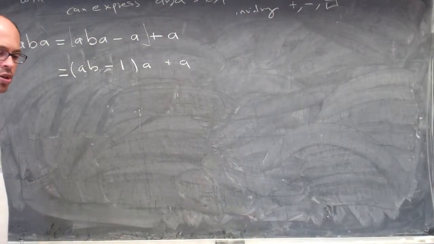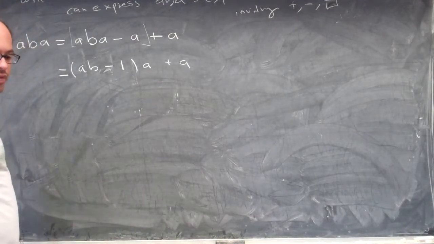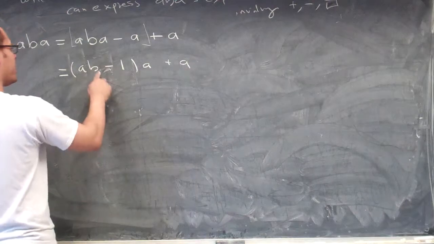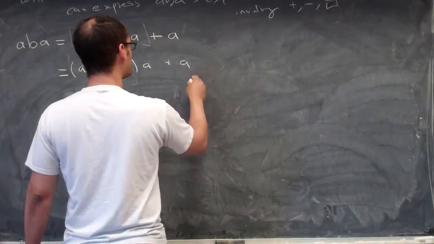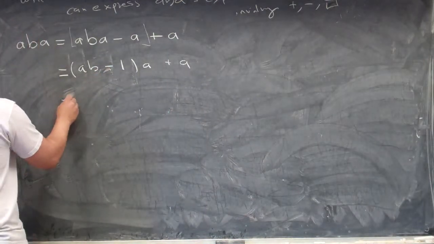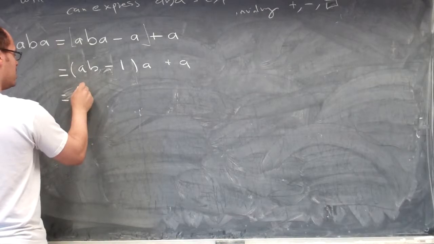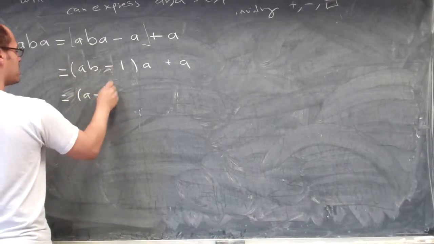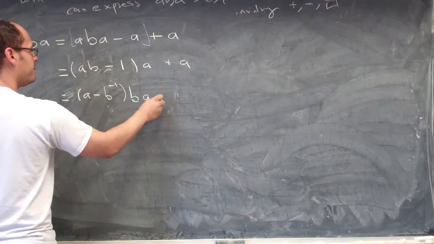But let me also pull out a factor of B. I'll work all the way down here and then move to the next slide. Let me pull out a factor of B. So I've got A minus B inverse BA.